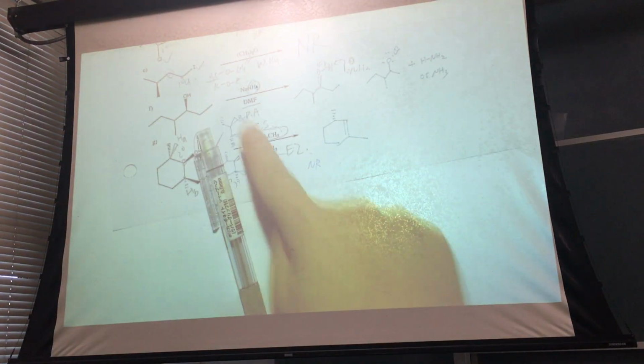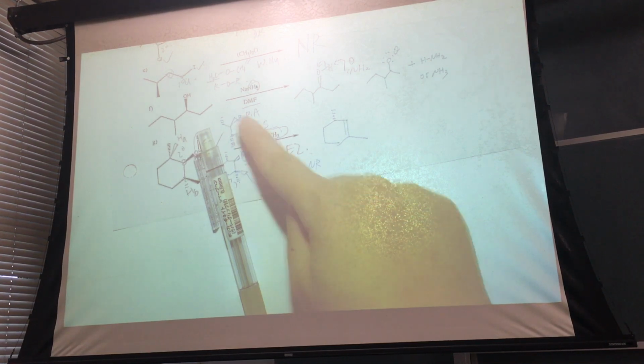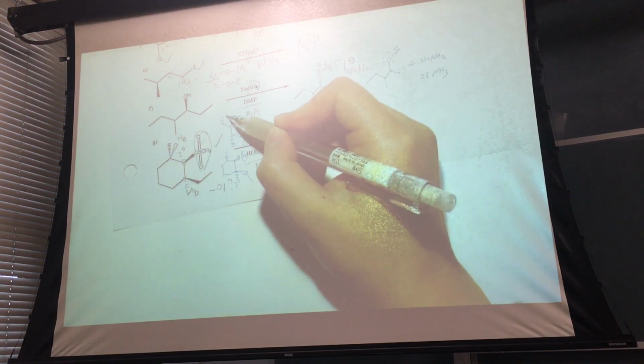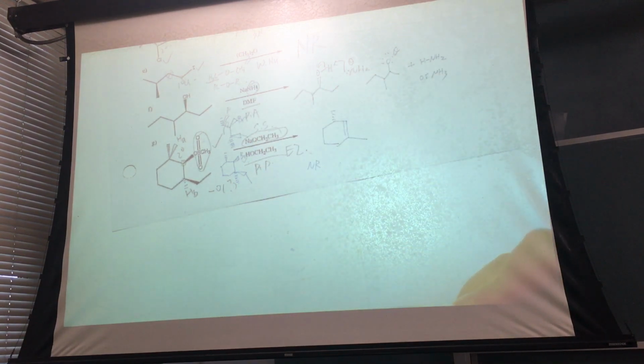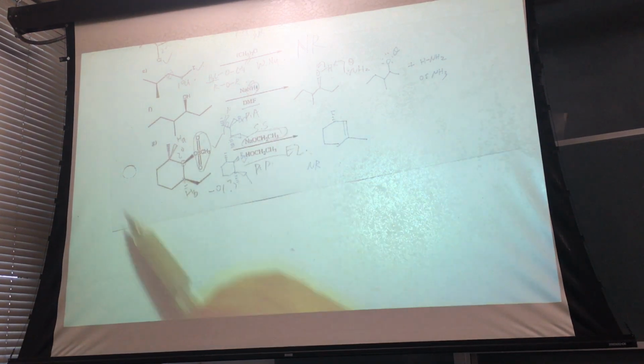So if I don't have the ring, I just like this. You can still do elimination on this one. So there's a wedge hydrogen, but if you rotate it, you can still do elimination on that one. Does that make sense? So it's really tricky for this one. Go back and rewatch this part if you cannot understand now. It's the same question, but I can make many questions out of it.